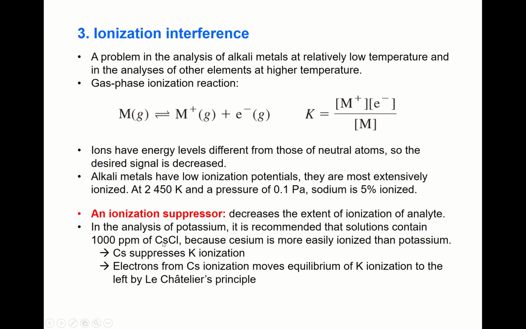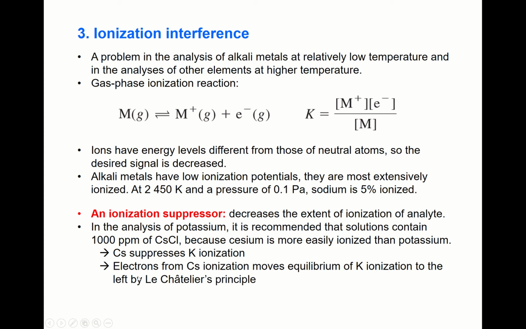Cesium has a higher atomic number, so it is much bigger than potassium and easily ionized.